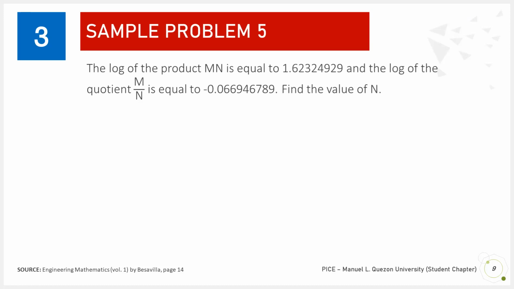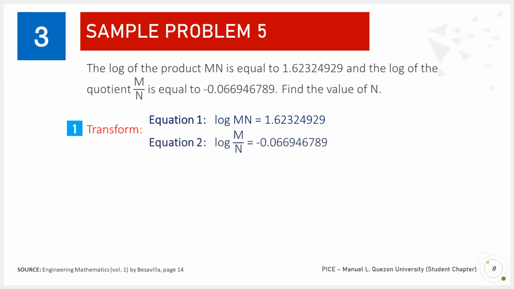Actually, ang approach nitong sample problem 5 is the same as the approach na ginawa natin sa sample problem number 4. So first, we have to transform the equations, and we identify equation 1 as the common logarithm of mn is equal to 1.6232499.